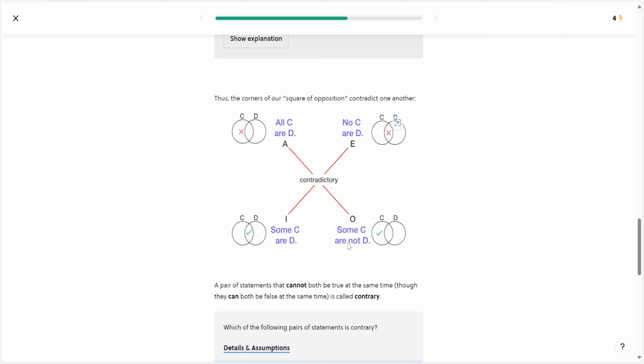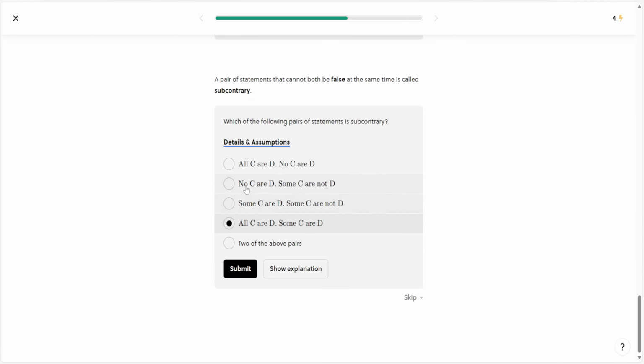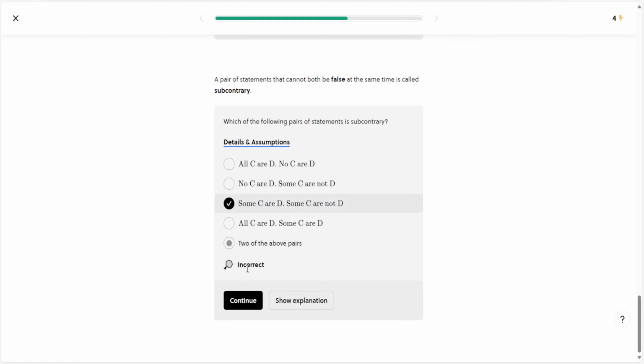Some C. So there's a chance that I might be able to get a check in here, cross in here. So no CRD and some CR not D. So I think it's two of the above pairs. Oh, what? I got them both wrong.